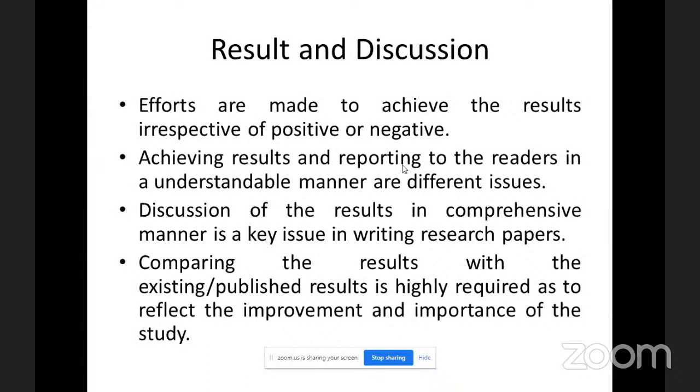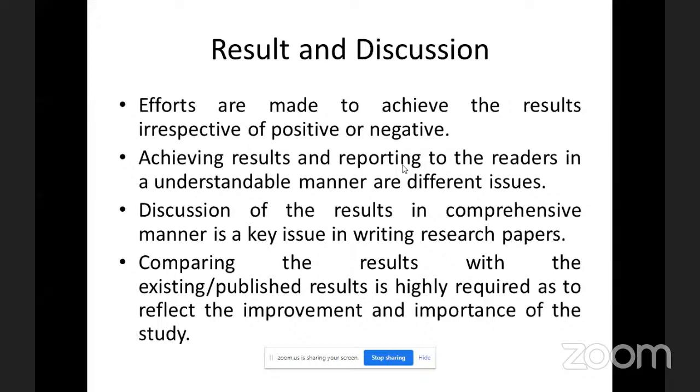After methodology, the next section is results and discussion, and that will be the backbone of your research paper. I saw so many times people did huge work, because when you are reading the paper you can understand easily whether that person did the work or not. I saw so many times that people formulate the problem very nicely, write the introduction section very well, and a critical literature review is also there.